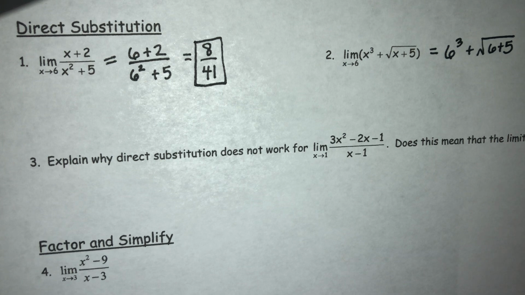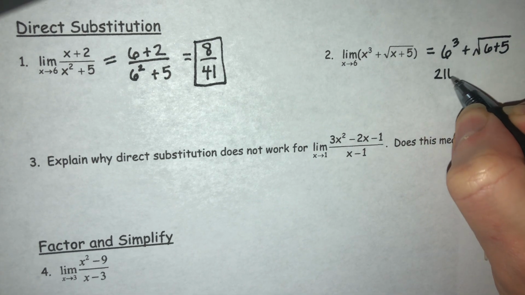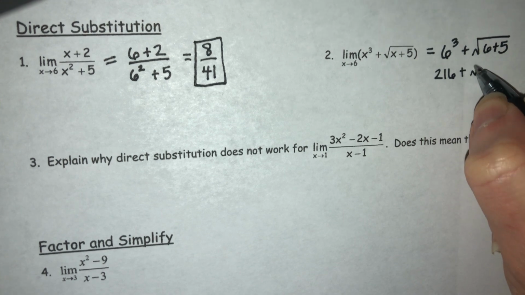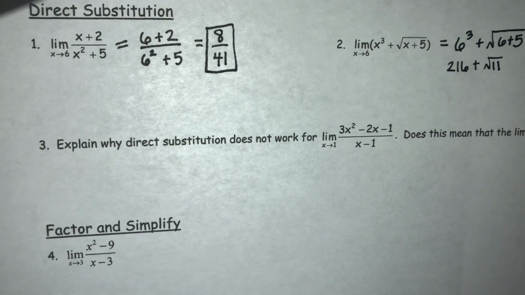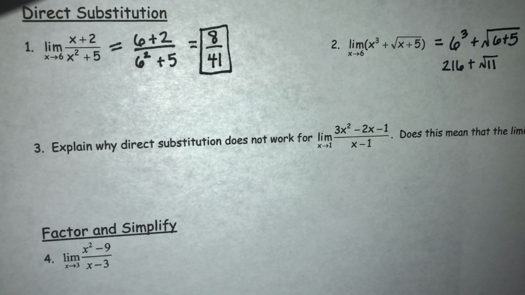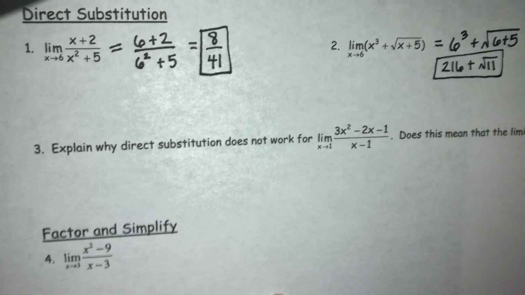And 6 cubed is 216, so 216 plus the square root of 11. And 11 doesn't have any square factors. It's a prime number, so that's as simplified as the answer can be. And that's how we'll leave it.